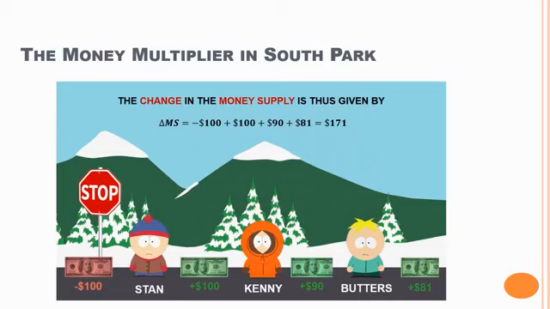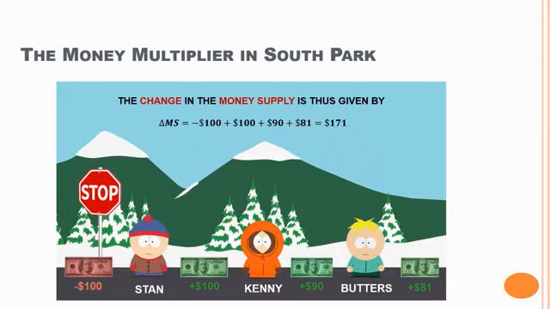So you see that the initial increase in excess reserves has led to a greater than proportionate increase in the money supply. Or let's put it differently, the initial increase in demand deposits, which was $100, has led to an increase in the money supply equal to $171 when I add all that, okay?